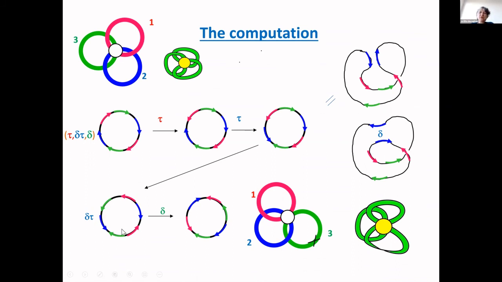So this is the result of applying delta tau to the blue edge, and now take the partial dual with respect to the green edge, doing the same kind of operation, and I get this. And this is the result. So that's how the group acts on ribbon graphs.